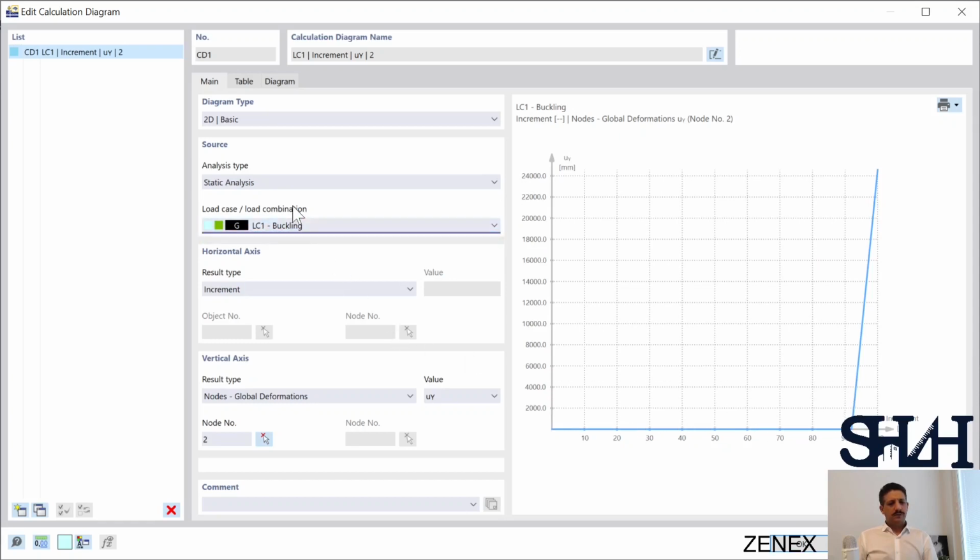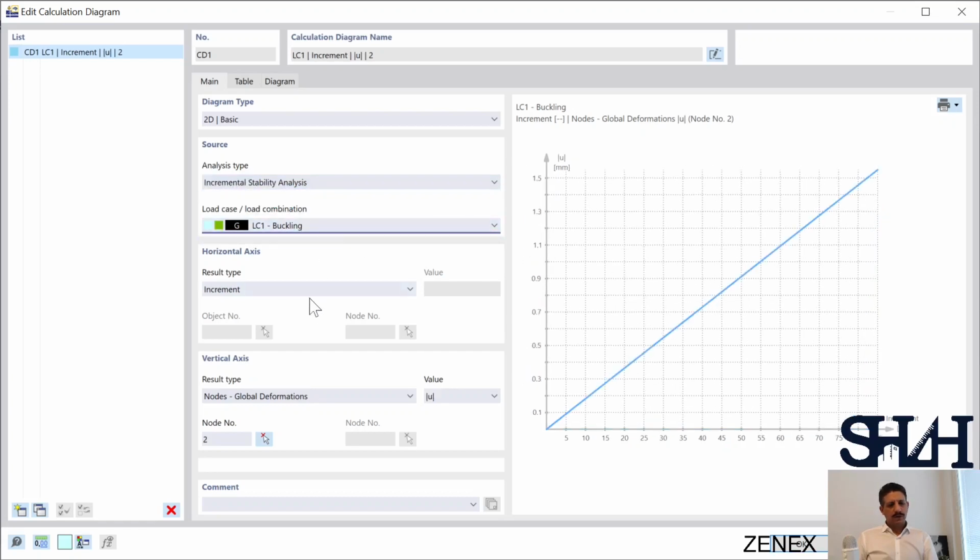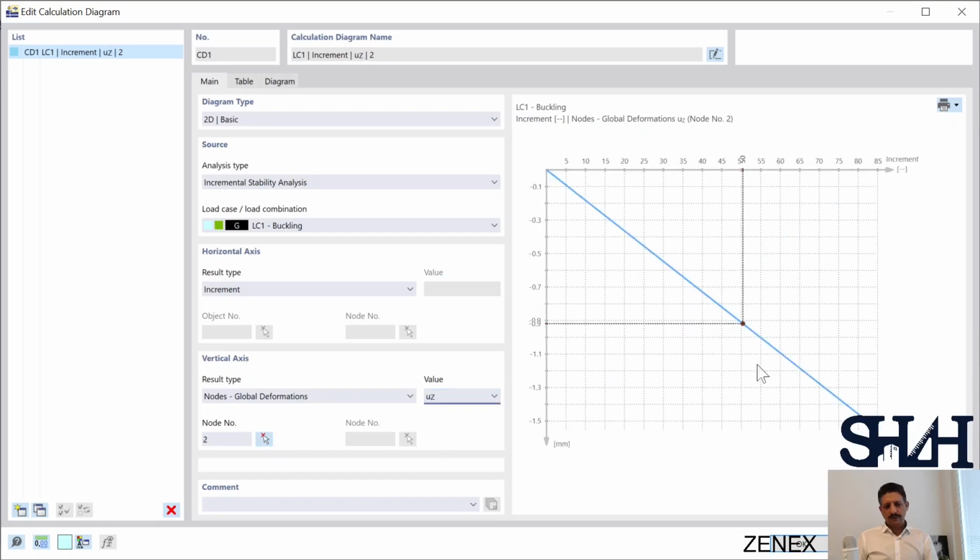If you go to the stability analysis for the buckling, for uz, you can see that the calculation is done with 85 steps. So 85% of 380 is 323, which is almost the same value. So after that, it is the critical load to calculate.